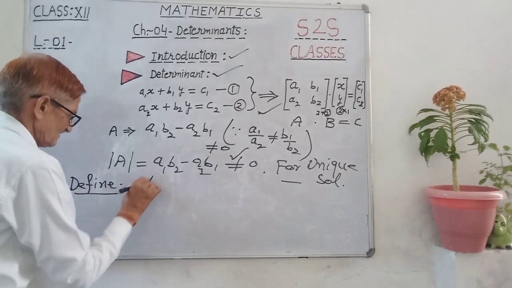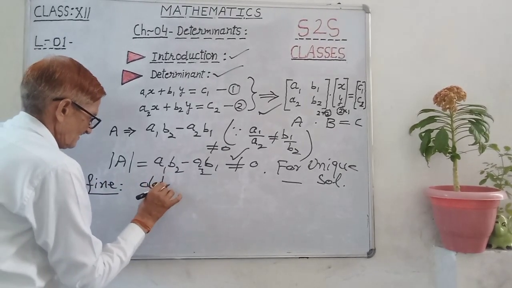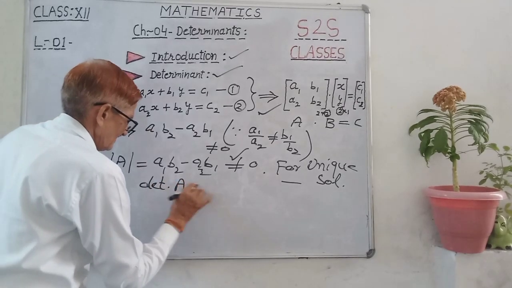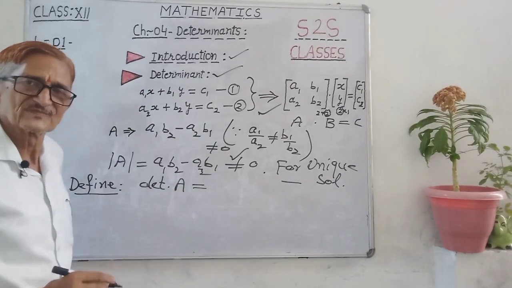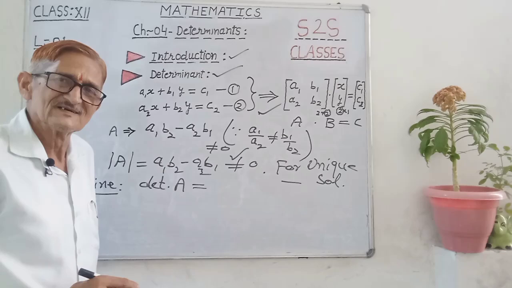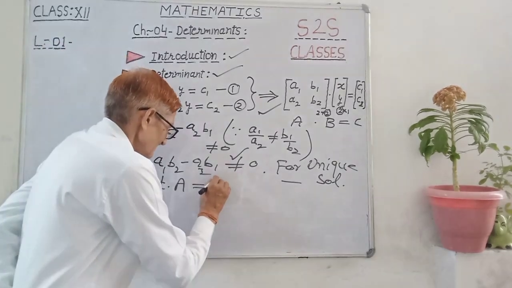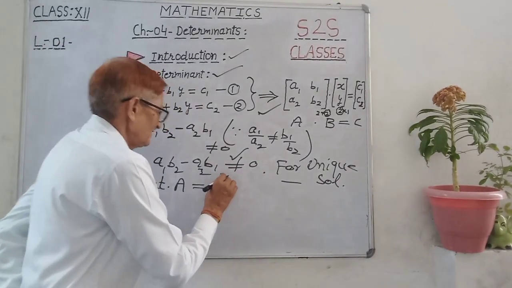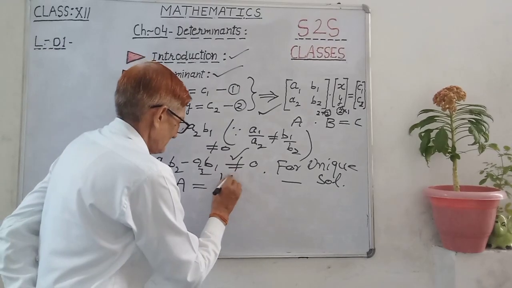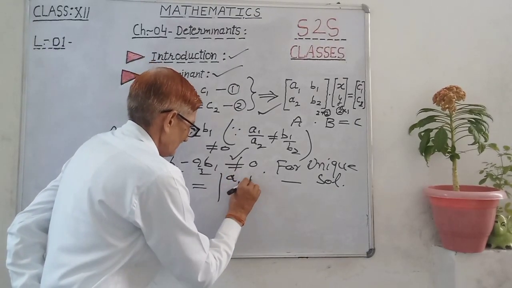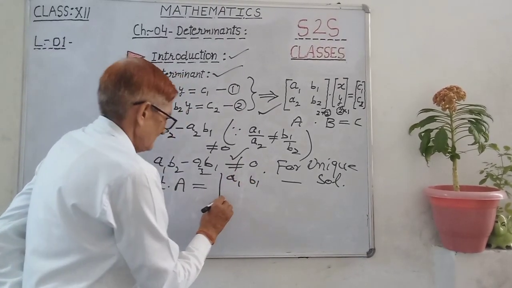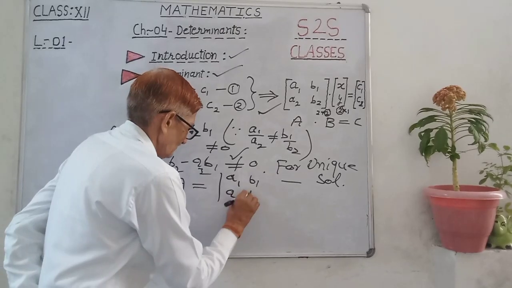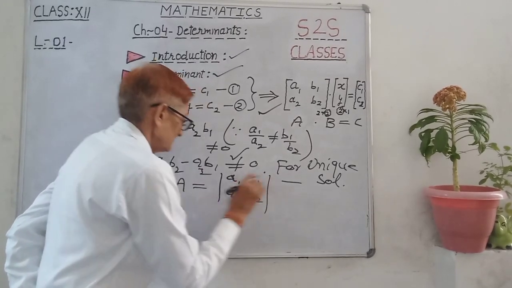Determinant A is equal to the determinant of a square matrix, A1 B1, A2 B2.